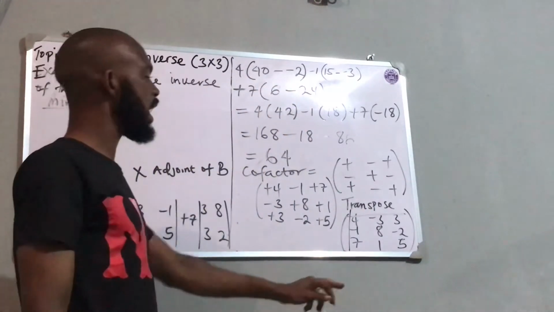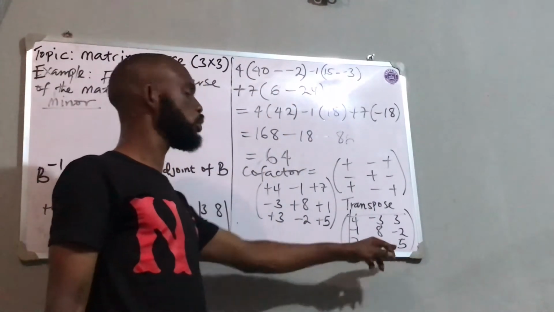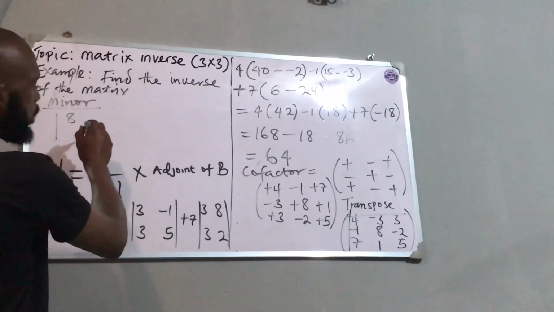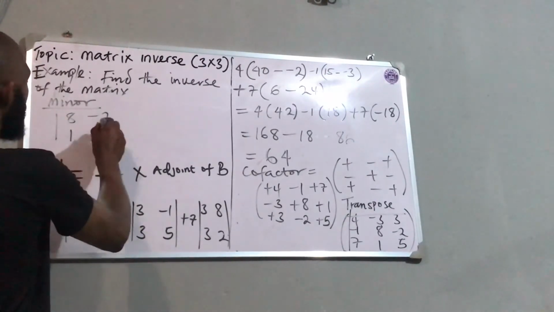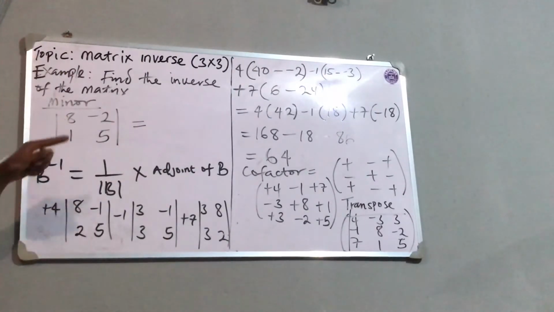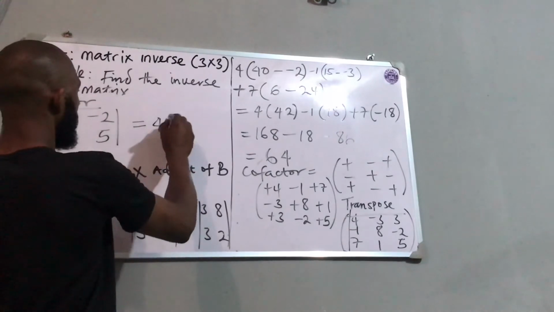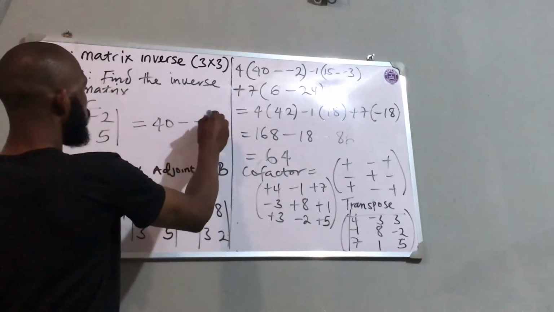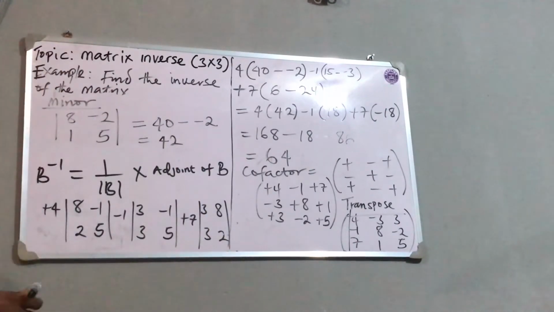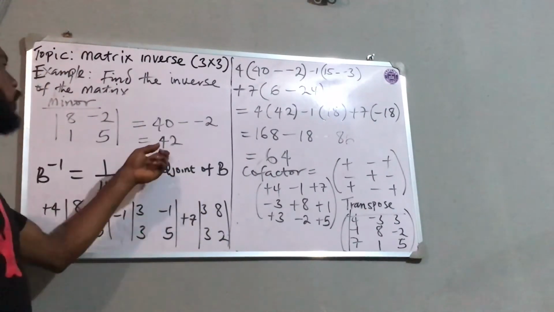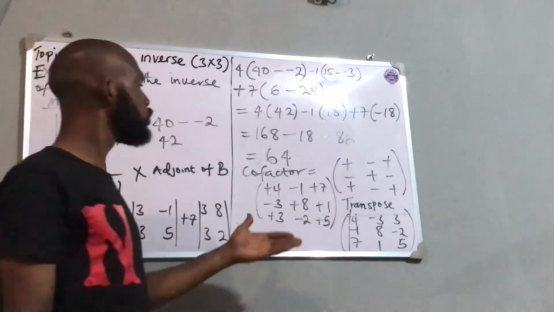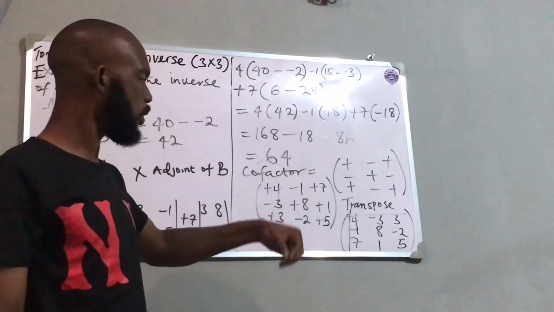If I delete that, I'm left with 8, minus 2, 1, and 5. And this will give me the determinant, which is 40 minus 2, which is 42. So all we are trying to do is to replace this 42 in the position of 4. Okay, so you do that for the rest of the elements.